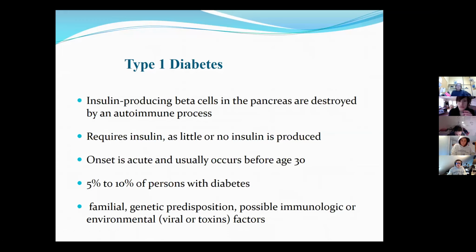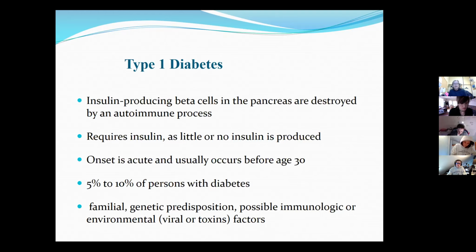It's felt that there is probably both genetic predisposition as well as perhaps environmental triggers. But one way or the other, the autoimmune process goes awry and beta cells are destroyed. So as a result, insulin is no longer produced.